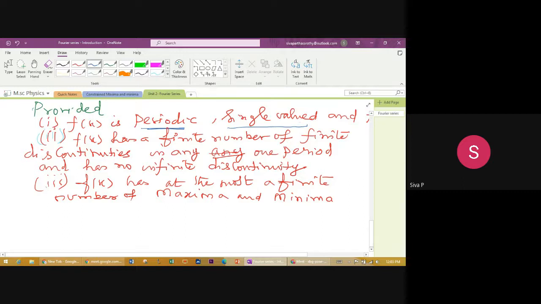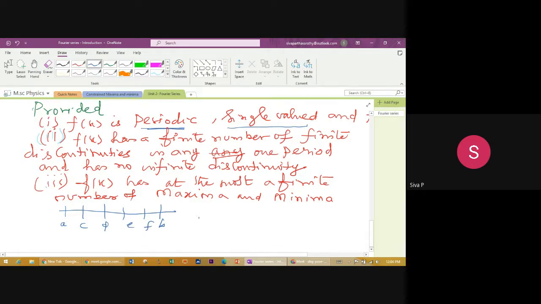Okay. F of x has finite number of discontinuity. What is called the finite number of discontinuity? If one interval is there, interval is a to b. In the middle, I can write a finite number of discontinuities c, d, e, f.